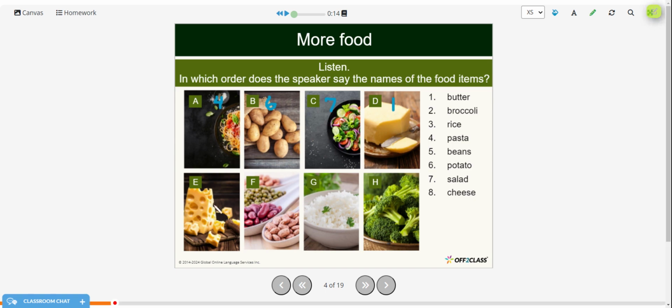Letter E is number 8, cheese. Letter F is number 5, beans. Letter G is number 3, rice. And letter H is number 2, broccoli.